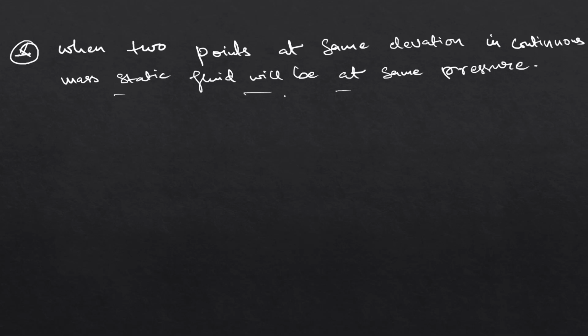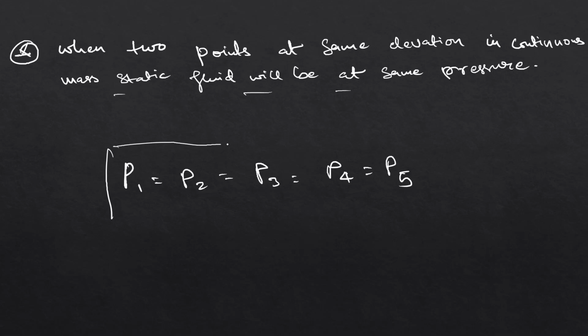In this third point, at the same elevation, points in a continuous mass of static fluid will be at the same pressure. For example, pressure 1 is equal to pressure 2 is equal to pressure 3 is equal to pressure 4 is equal to pressure 5. All these pressures will be equal to each other in the static fluid.